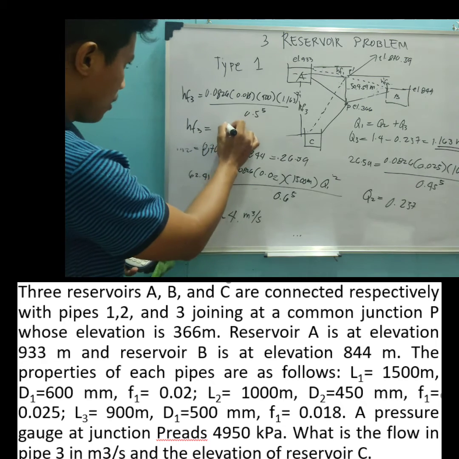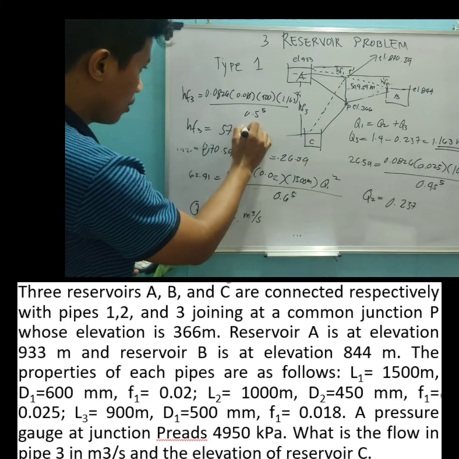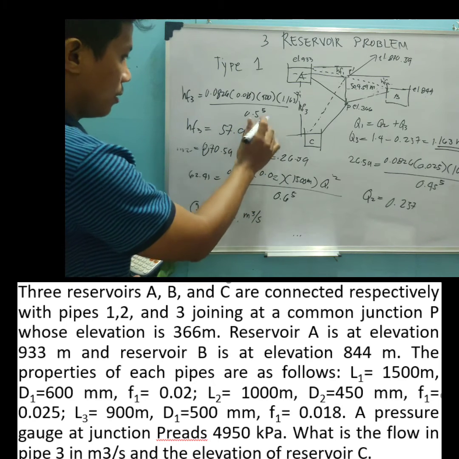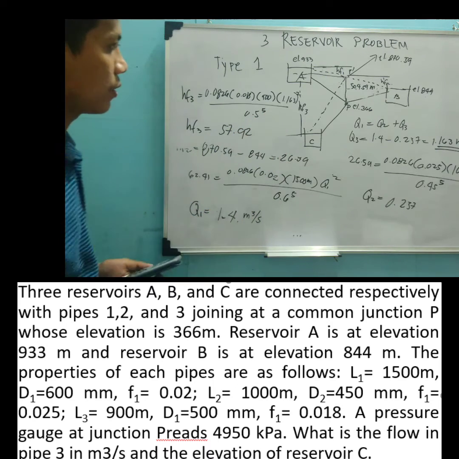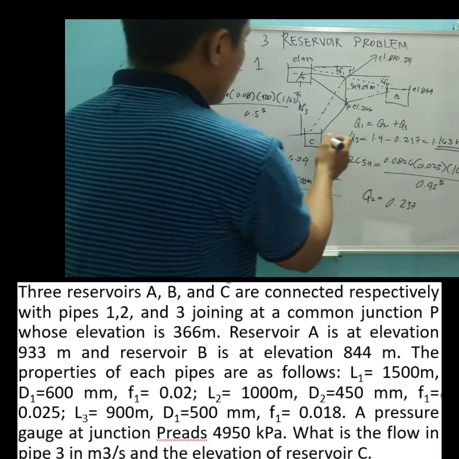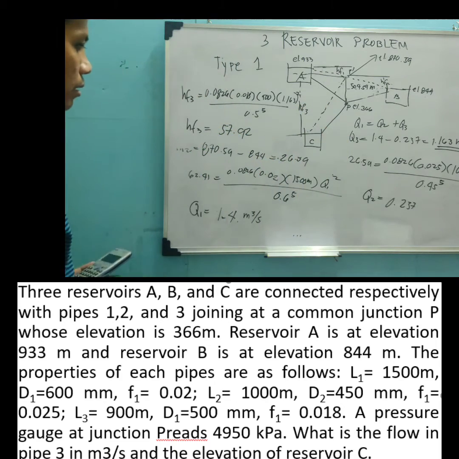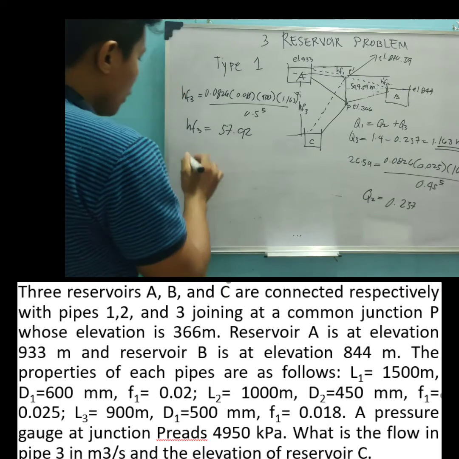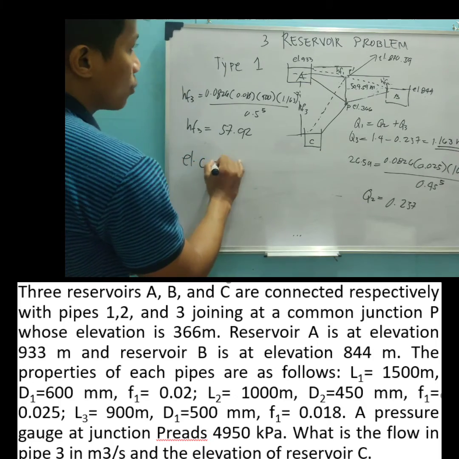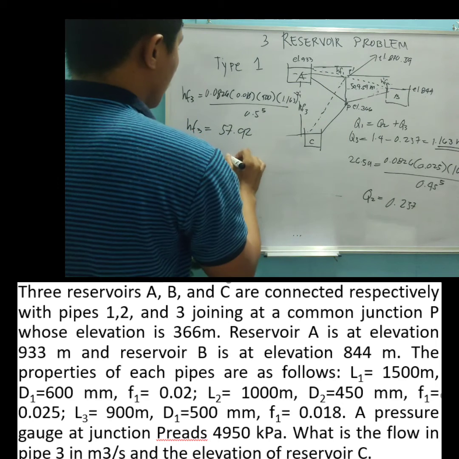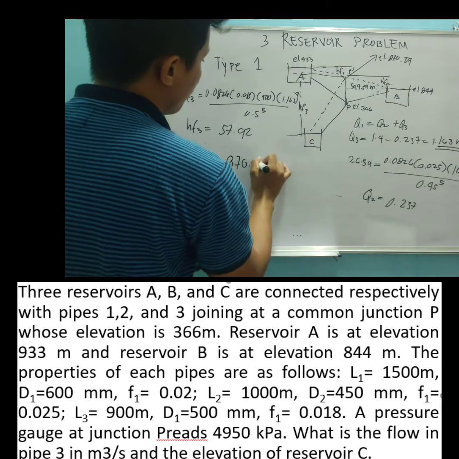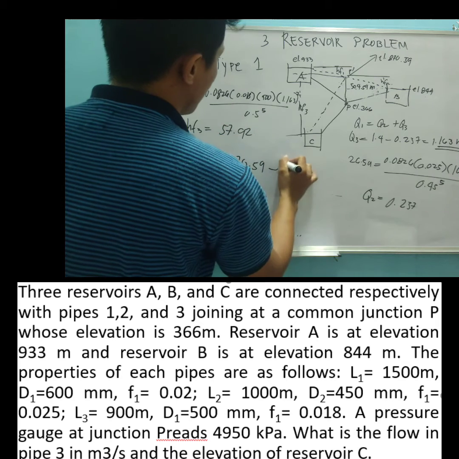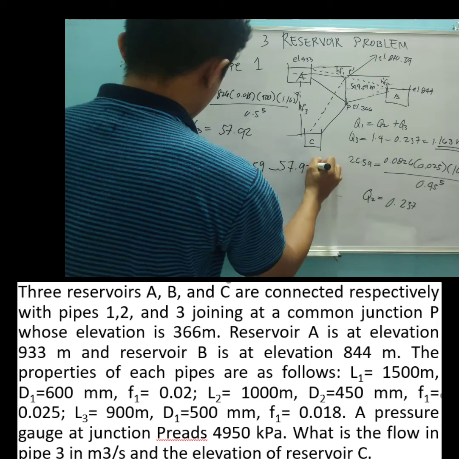So we had 57.9192 ang HF3. So nakuha natin yung elevation ng C. So ang elevation ng C is equals to 870.59 minus HF3 na 57.9.